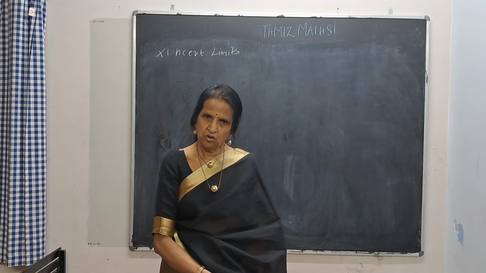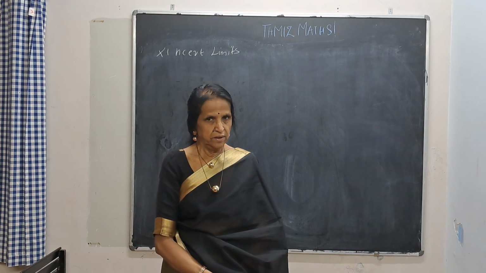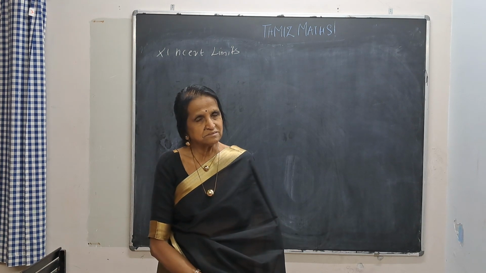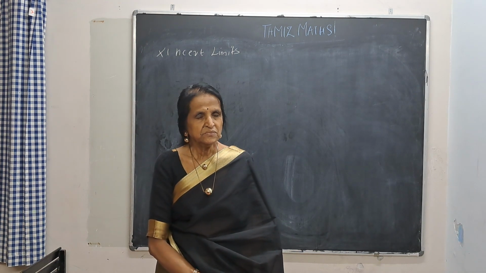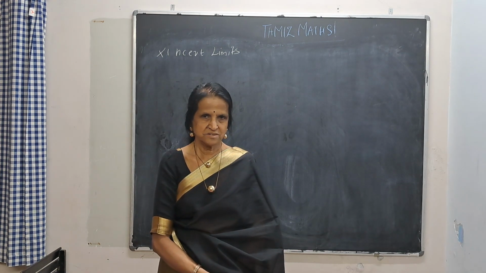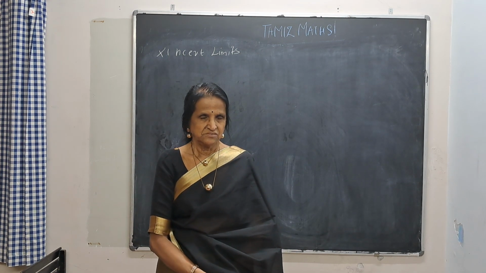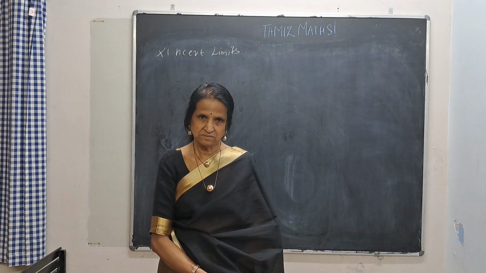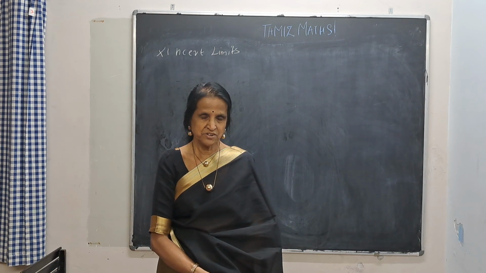What are the forms where I can't give an answer? 0 power 0, I don't know the answer. 5 power 0 is 1, but 0 power 0 is not 1.